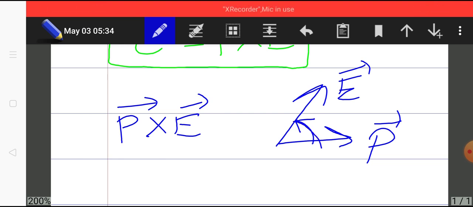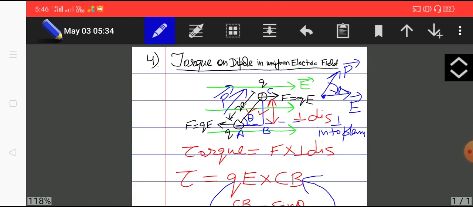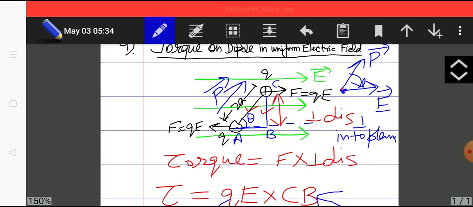So if you imagine a screw here, it will come up. You are opening it, so the direction of the torque will be perpendicular, upward, out of the plane of paper. This arrow is not in the plane of paper, it is out of the plane of paper. I can draw it with a different color. So this is your perpendicular outward from the plane of paper, compared to the earlier case where the direction was perpendicular into the plane of paper.